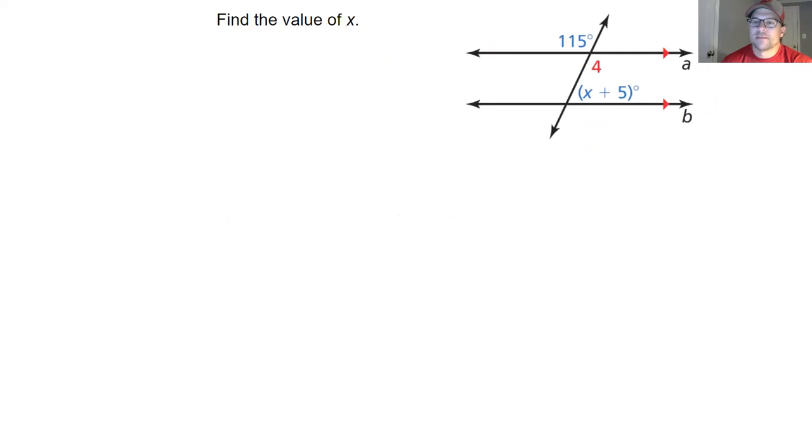Okay, so we're going to need to find the value of x. We're given that A and B are parallel lines cut by a transversal. We see that that one is marked 115 degrees, and we need to figure out what the value of x is. So the way we're going to approach this: angle x plus 5 in relation to 115 degrees does not have a relationship, but we do have a relationship between 115 degrees and the angle marked number 4.